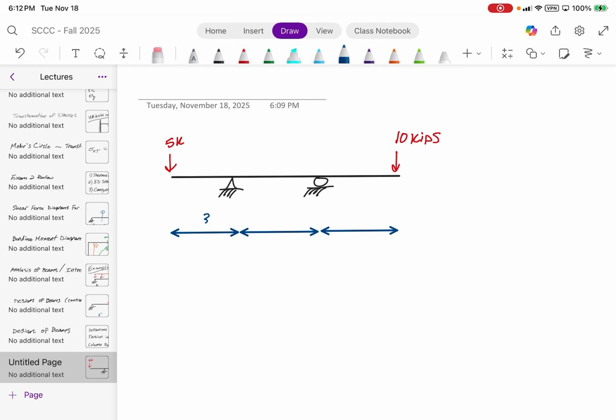Let's make this 4 feet, 5 feet, and then 2 feet.